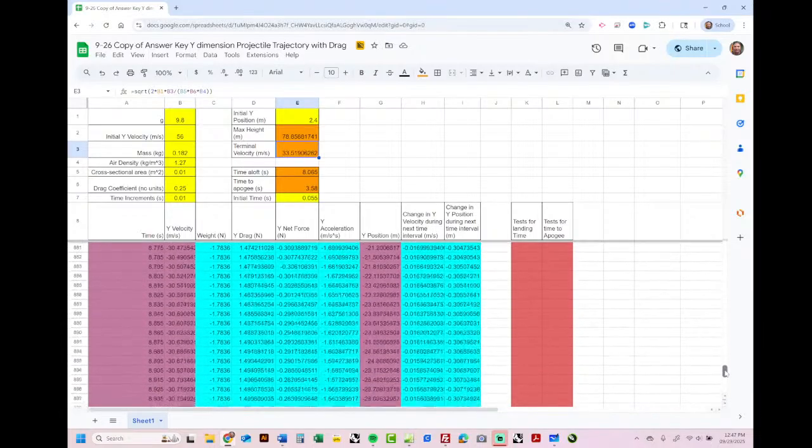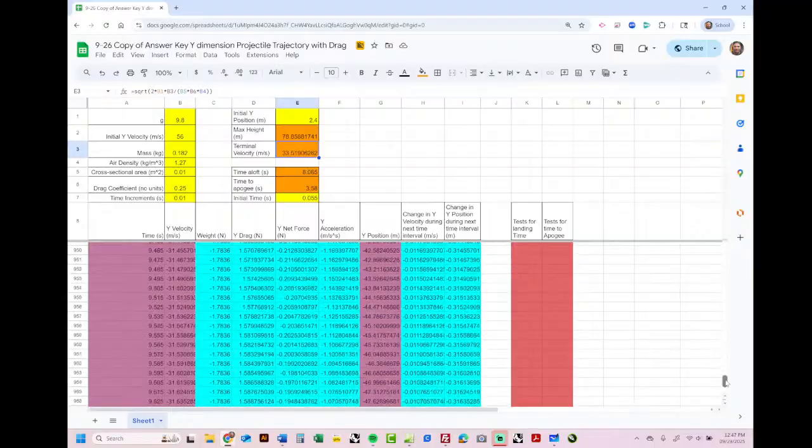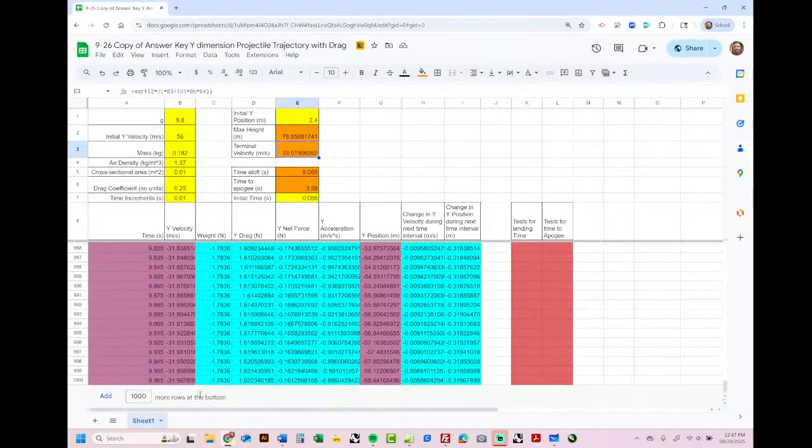If I keep going down to 1,000 rows, our calculations still don't go long enough. This is after it was flying for almost 10 seconds and it's fallen into a hole about 60 meters below the ground. It's still not at terminal velocity. You creep up on terminal velocity. The closer you get, the slower you approach it.